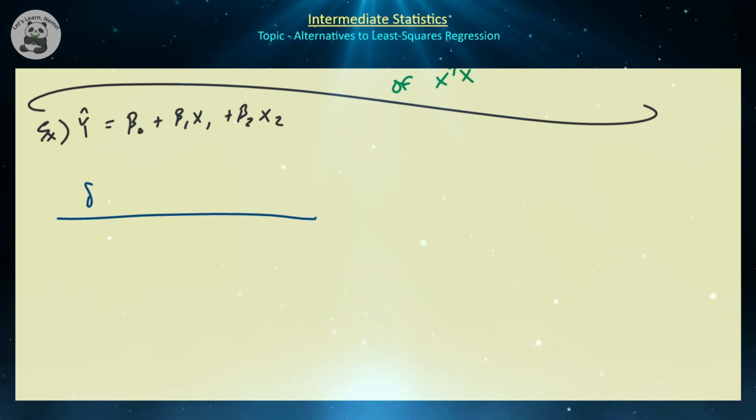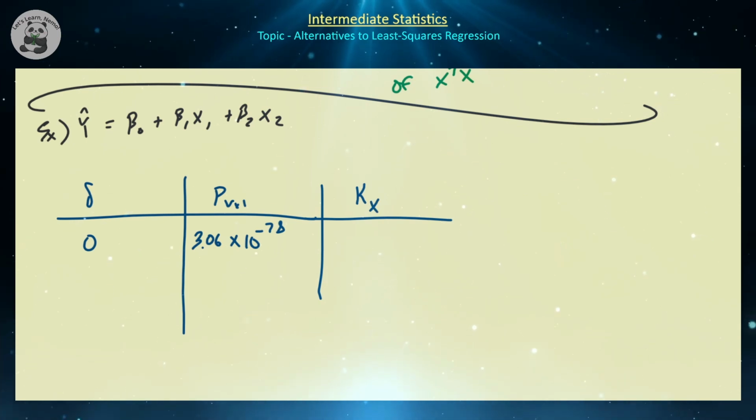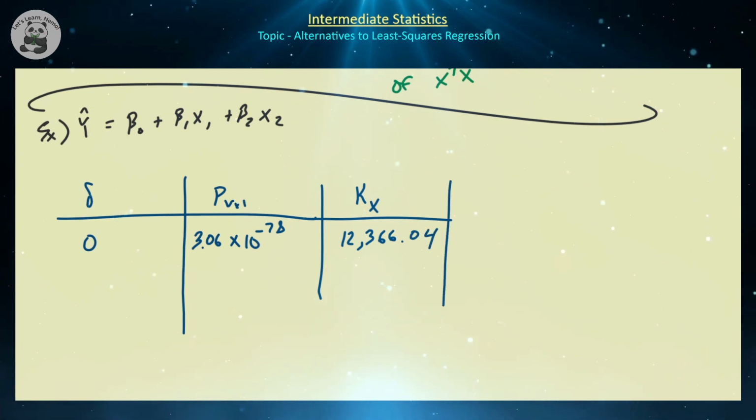So let's assume we start with a delta value of 0, right? A delta value of 0, let's pretend that is associated to a p-value for our model of, let's say, 3.06 times 10 to the minus 78. And let's assume that the condition number for your design matrix X, not X transpose X, but if you do X transpose X, just take the square root of that to get the condition number for X, is equal to 12,366.04.